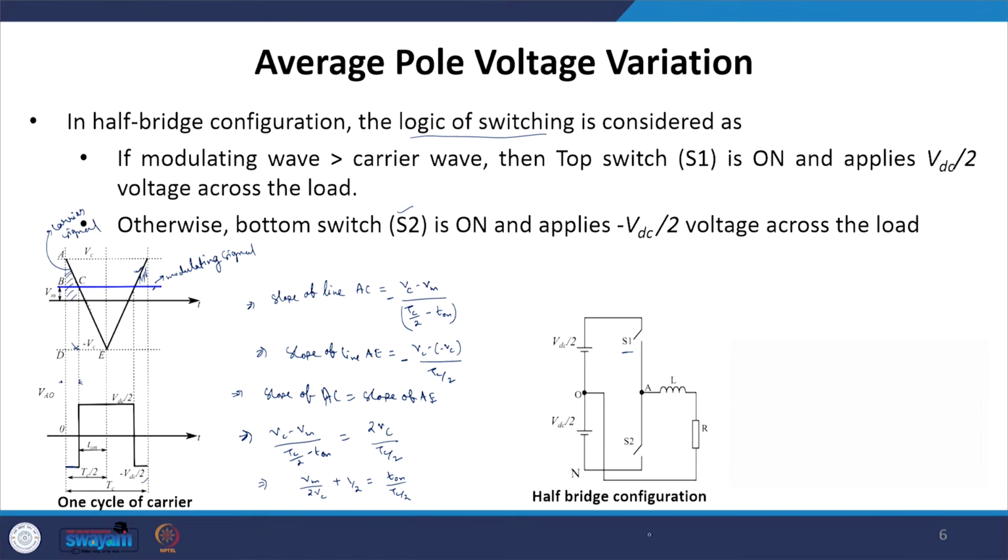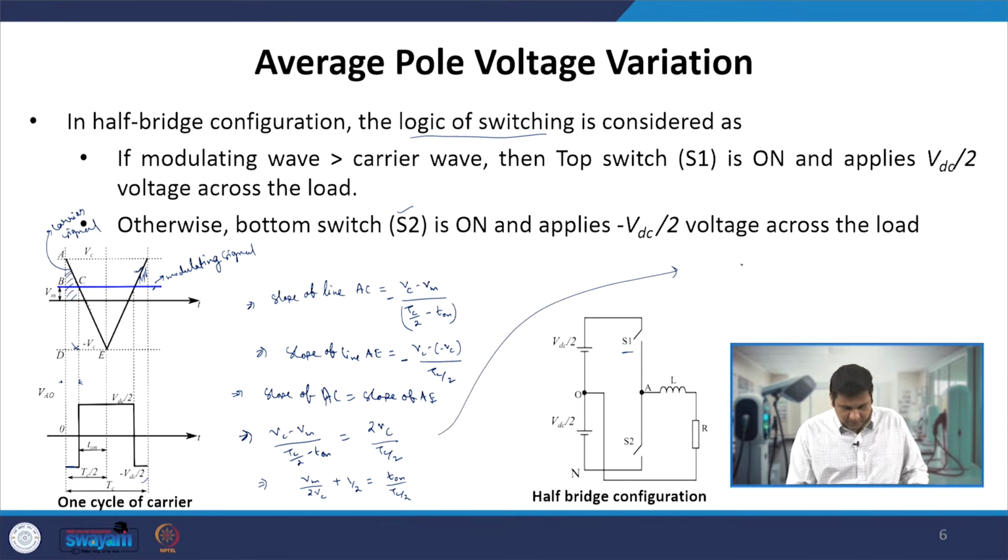We can also write it this way: Vc minus Vm by 2 Vc is Tc by 2 minus T on by Tc by 2.